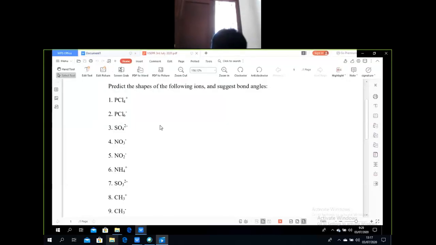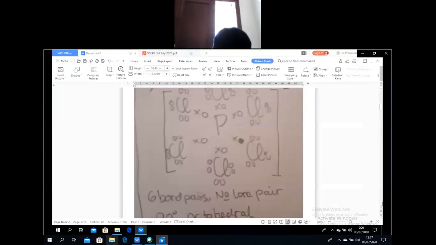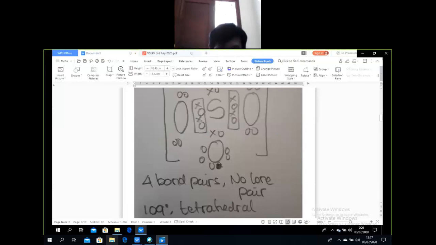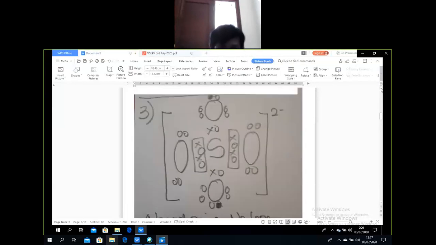Number 3 is the sulfate ion, SO4 2 minus. Okay, so we have to draw the diagram of the sulfate ion. It is like this one.